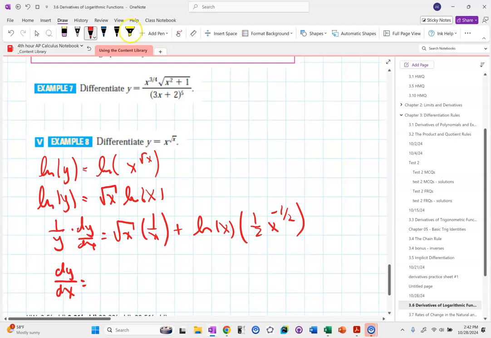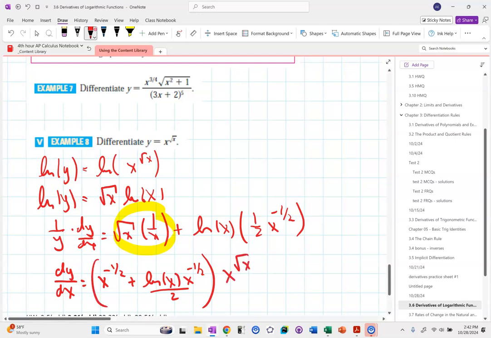So that will reduce down to just x to the negative 1/2. And I could maybe make a common denominator or whatever, but good enough for me.